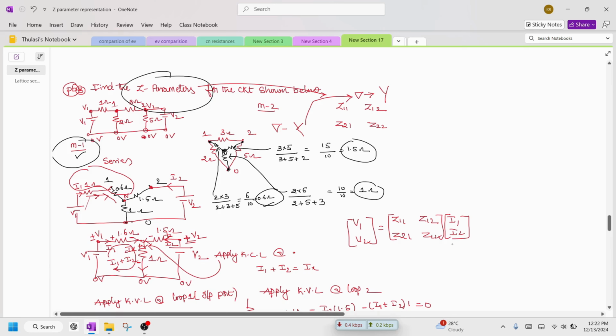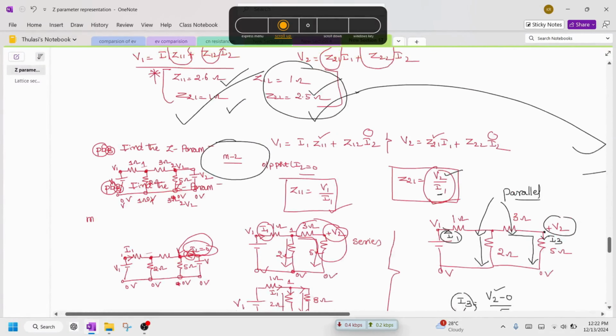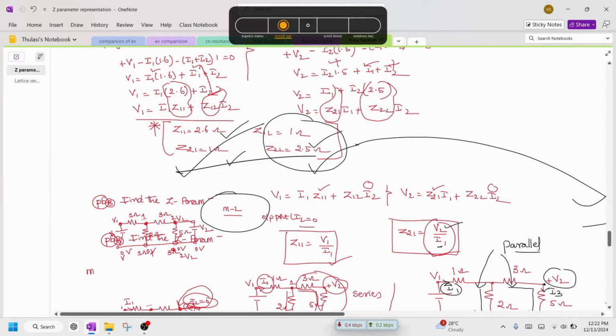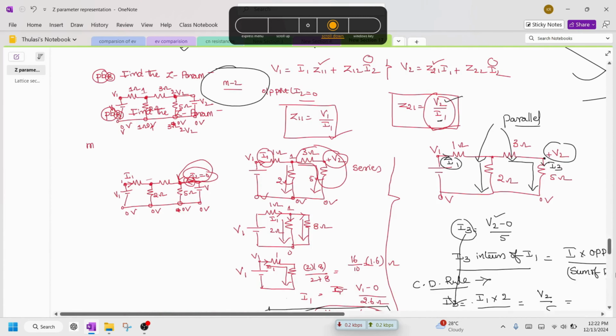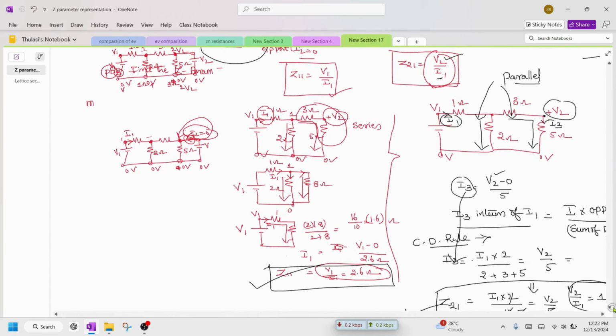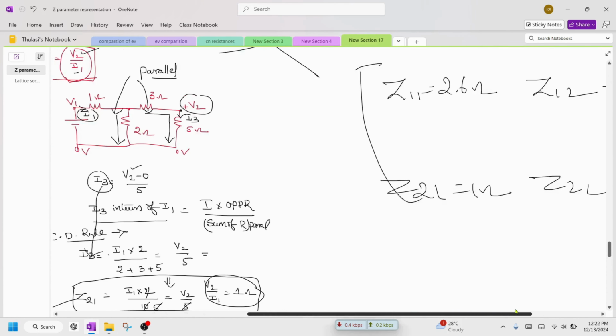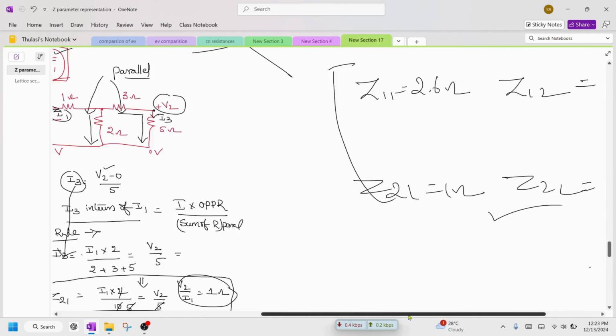These are the resultant values we are going to get. Ultimately both are the same or equal.